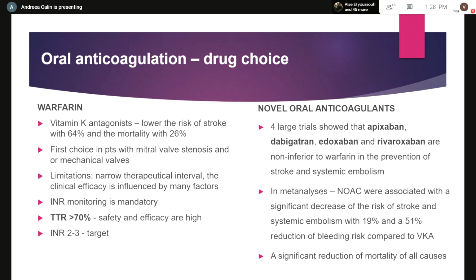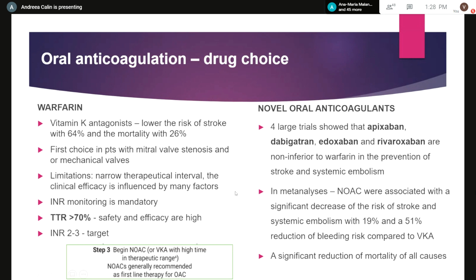And in all the studies that were done until now, these were associated with a significant decrease of the risk of stroke and systemic embolism, and with a significant reduction of all-cause mortality. So in the guidelines now, these NOACs, these novel anticoagulants, are generally recommended over warfarin as the first-line therapy for oral anticoagulation in patients with atrial fibrillation.